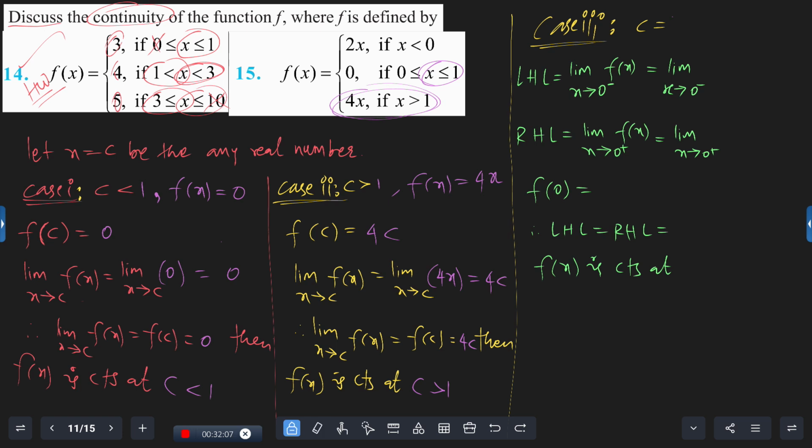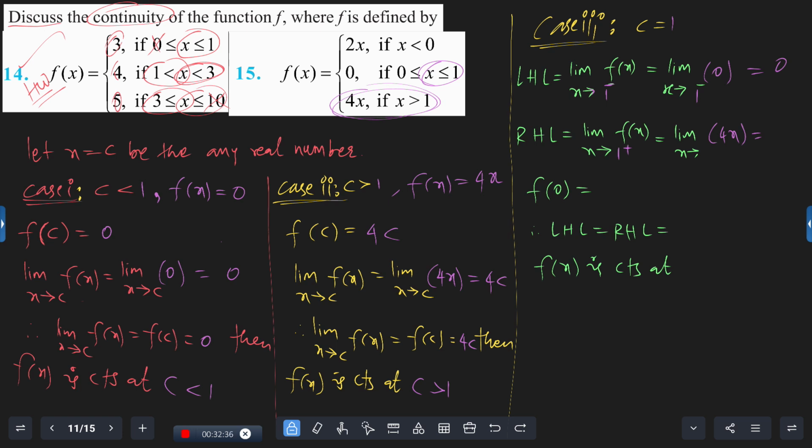So c equal to 1. At 1, suppose I am doing now, what is the left hand side? The left hand limit at 1 is 0. So if I give 0, it is equal to 0. And the right hand side at 1 is what? 4x. When I give it, actually sorry, this will be 1 I will be getting, right? Here 1 will be coming because we are checking for 1. So 1 minus 1 minus, that is 0.